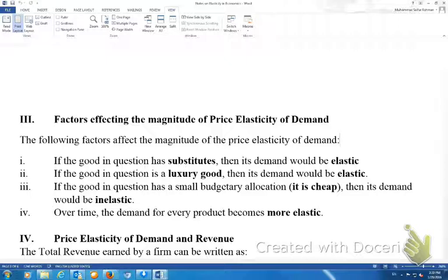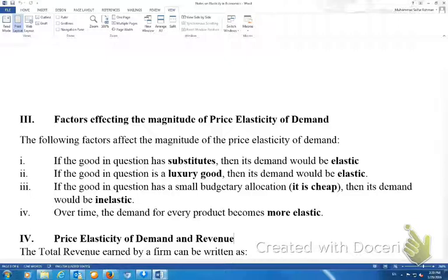Finally, it has been observed that over time, since we find more and more close substitutes for the good in question, demand would become more elastic. Okay.